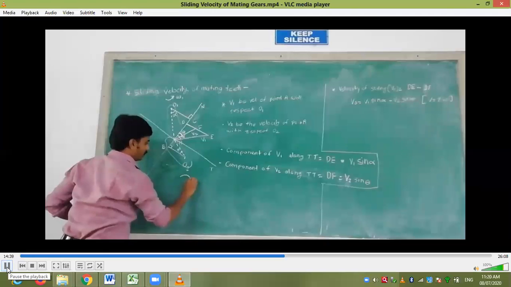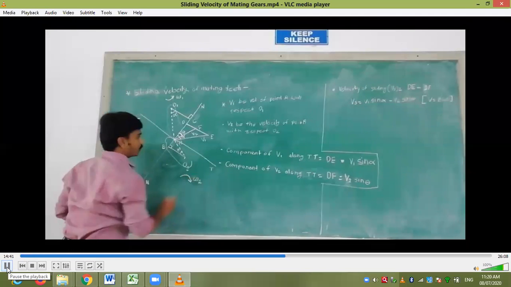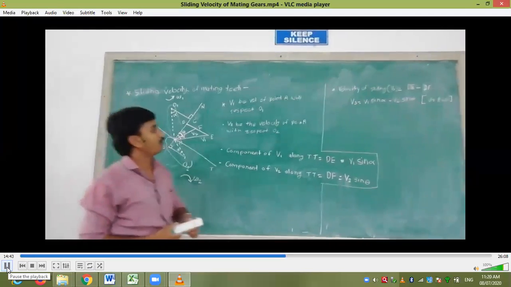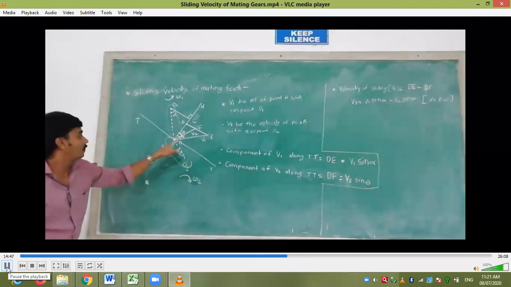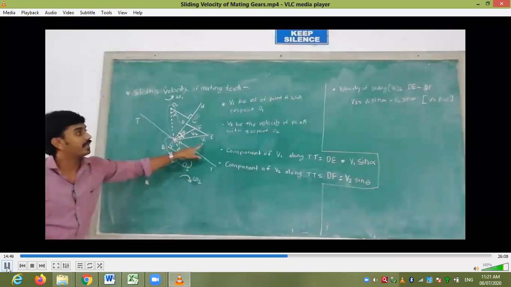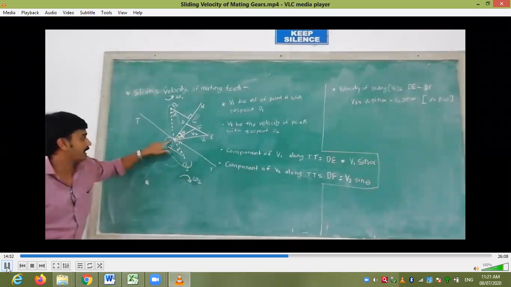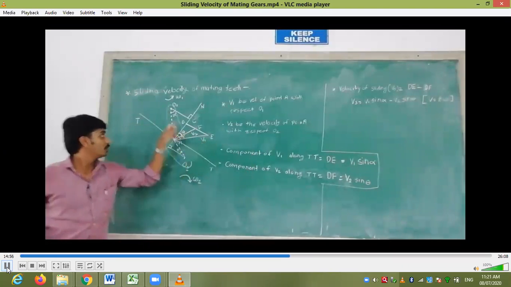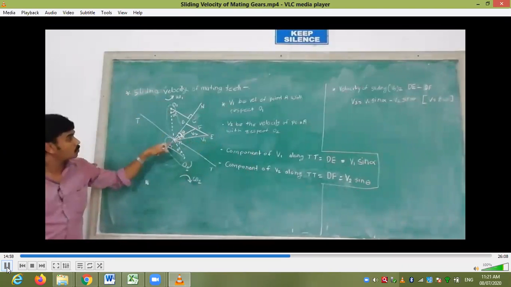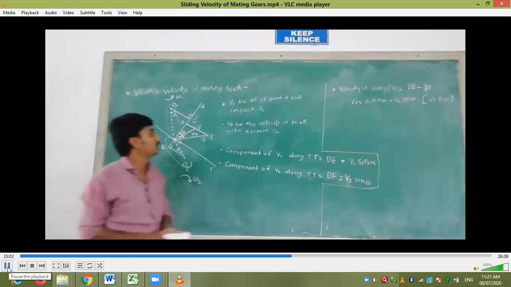And the angular velocity of gear 2 is omega 2. Then we require V1. For velocity V1, the radius is O1 to A and the angular velocity is omega 1.